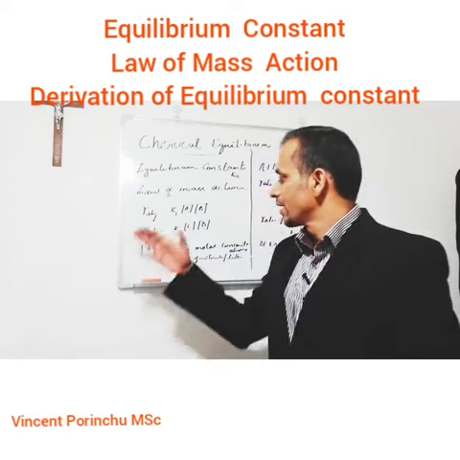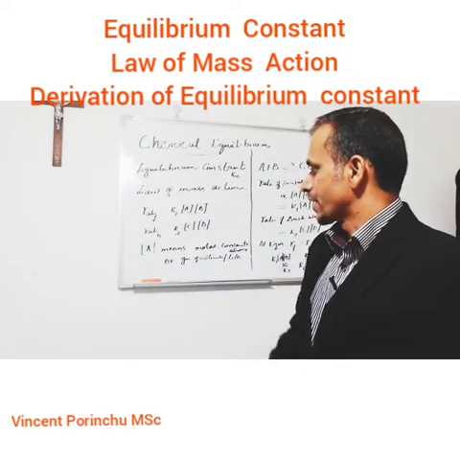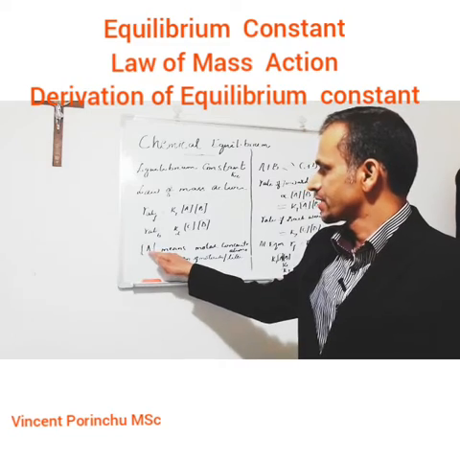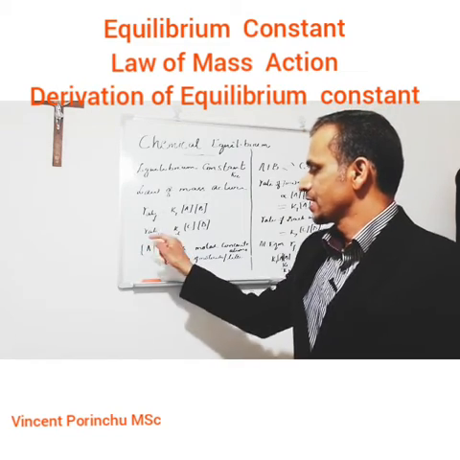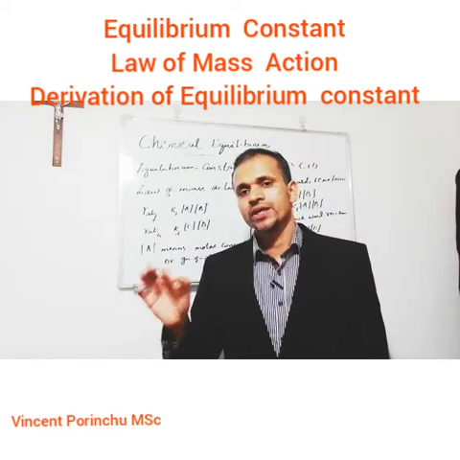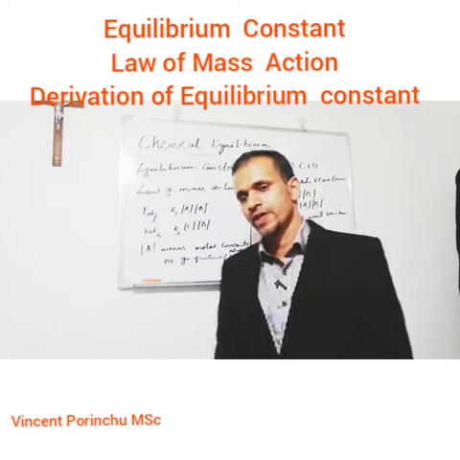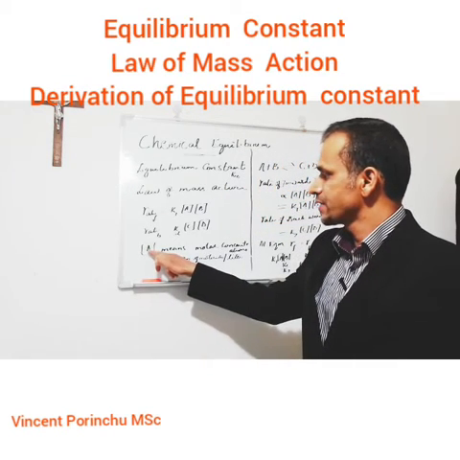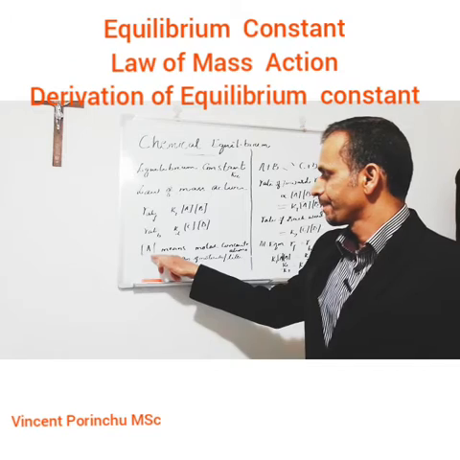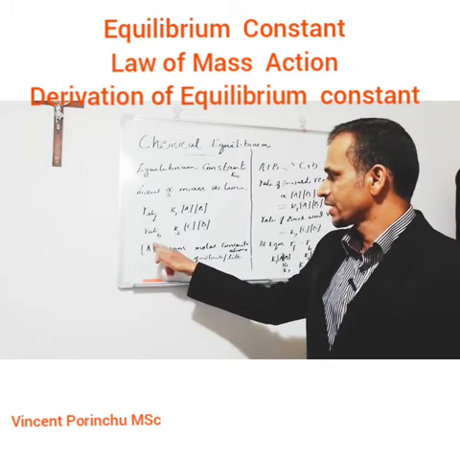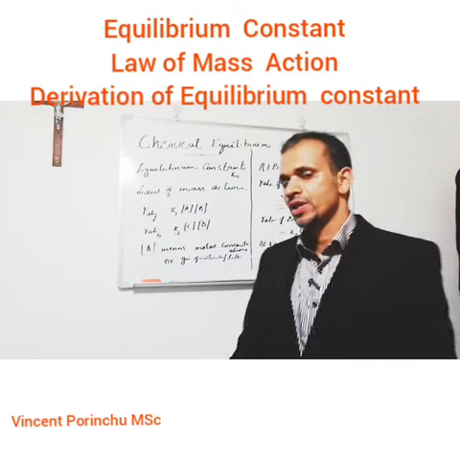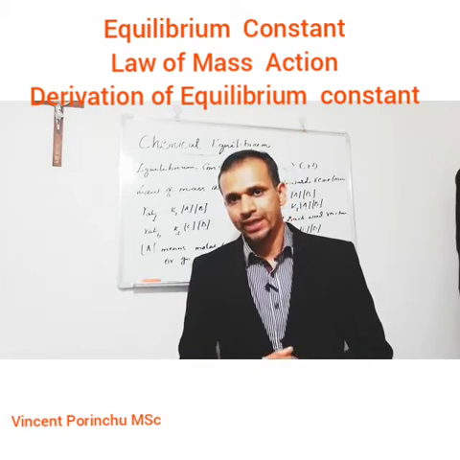Generally, in an equation, we represent active mass in a closed square bracket. For example, here, the active mass of A is represented like capital A in a square bracket.